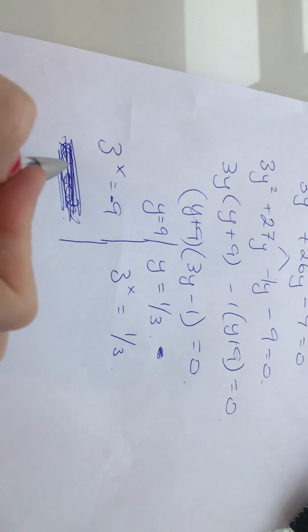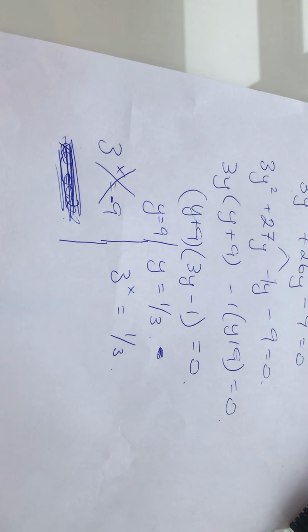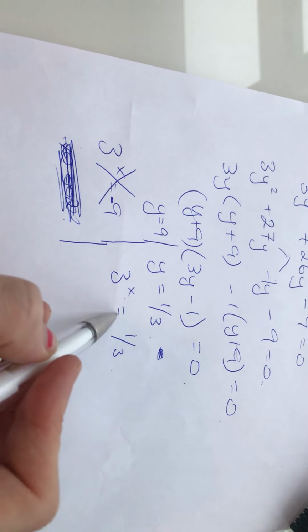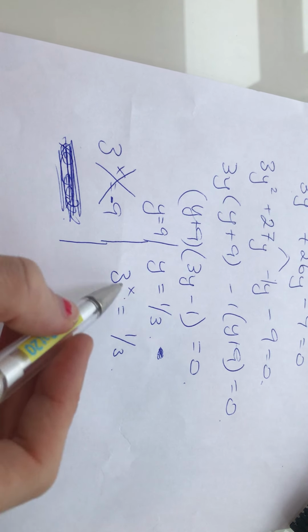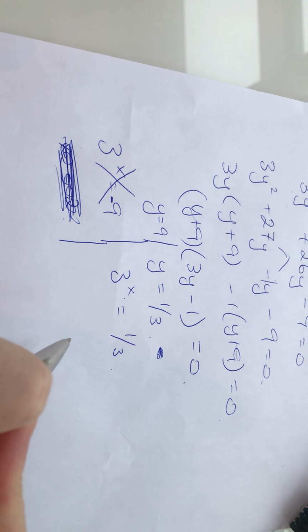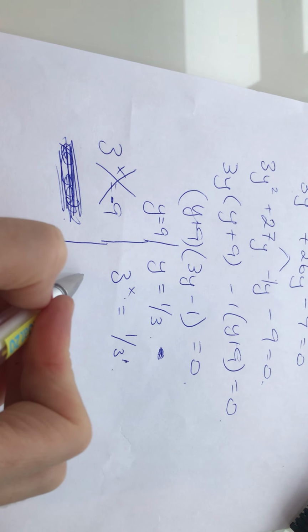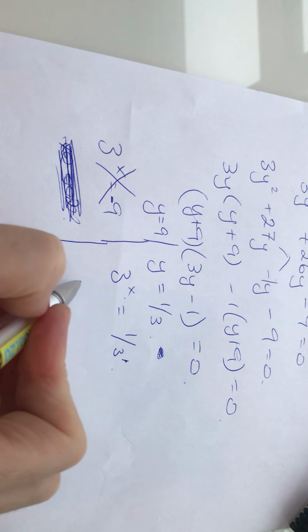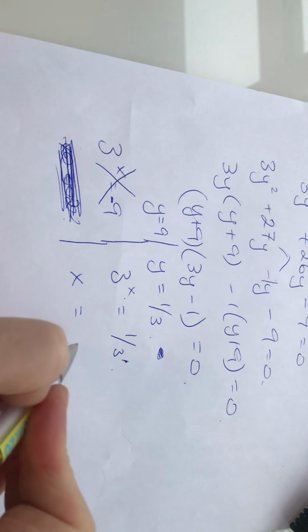So 3 to the power of what gives me minus 9? No, don't get any solution for that. Apologies. And 3 to the power of what gives me a third? Again, if you know what your logs are, fine. If not, maybe go to your indices in your log tables, and you'd realise that's 3 to the power of minus 1, and that means that x is minus 1.